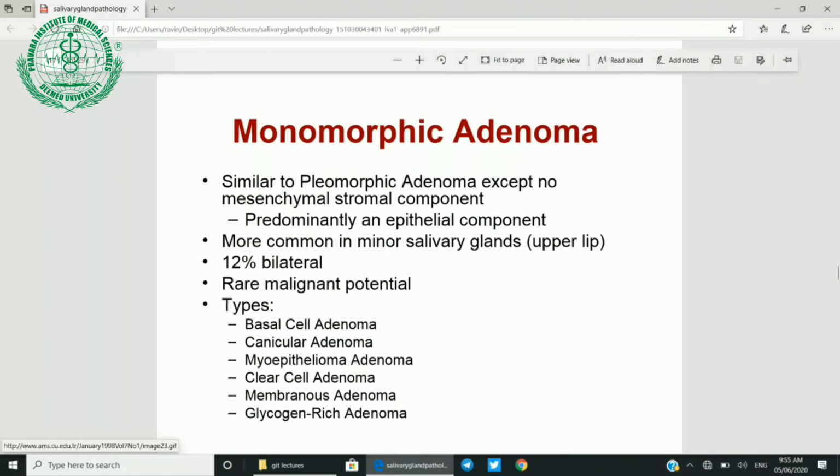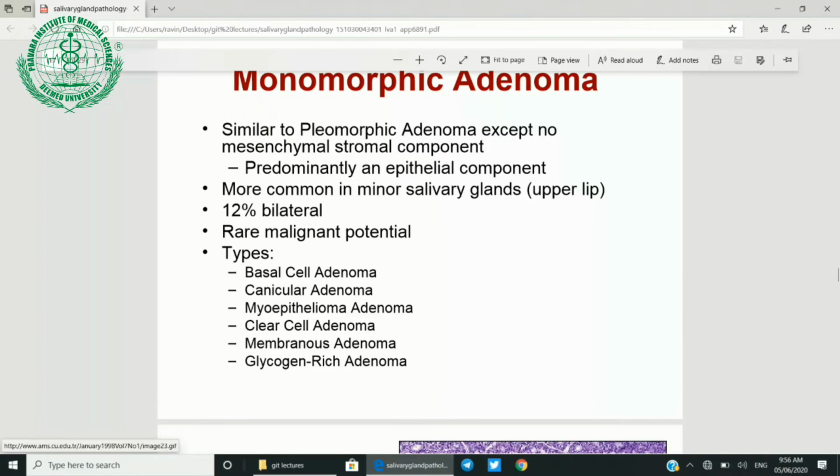Just as students, you should know, as there is pleomorphic adenoma, there is also monomorphic adenoma in salivary gland, which is again a benign tumor. Whereas when we talk of pleomorphic adenoma, there was a lot of mesenchymal stromal component, here it is mostly monomorphic adenoma composed only of the epithelial component, as against the pleomorphic adenoma, which is seen in the parotid gland.